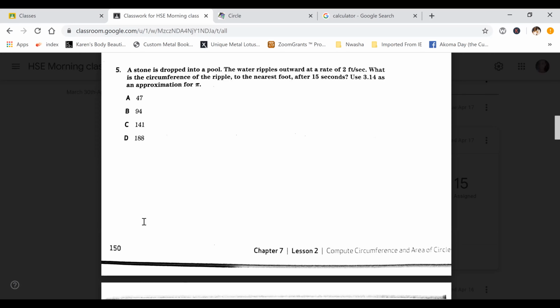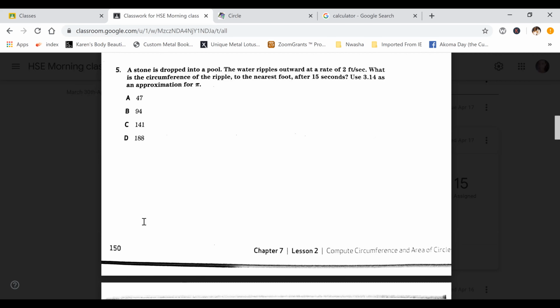So now this is your imagination again, a stone is dropped into a pool. So most people, you've thrown a pebble into a lake or a river or a creek or a pool. So now when it says the water ripples outward at a rate of 2 feet per second, what are you going to do with the numbers? You're gonna multiply?